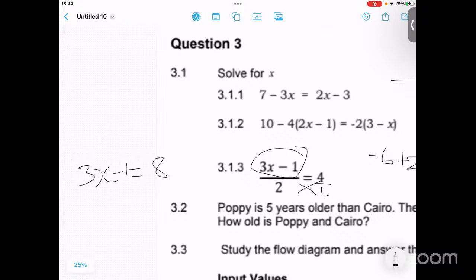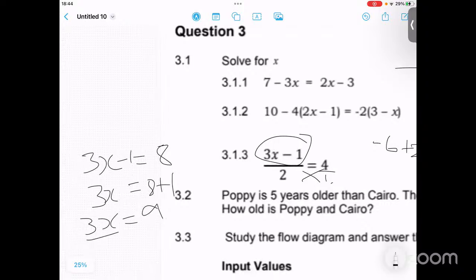And then, ma'am, I think we're going to move our 1. So we have 3x is equal to 8 plus 1. And then 3x is equal to 9. And we divide that by 3.